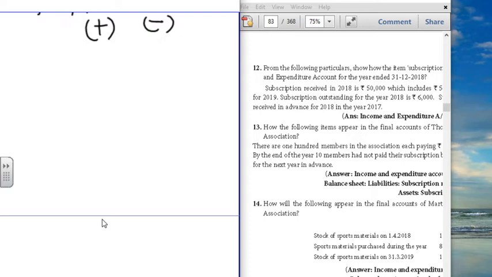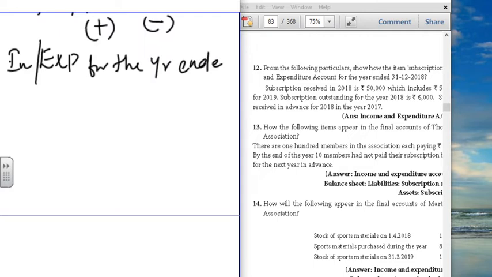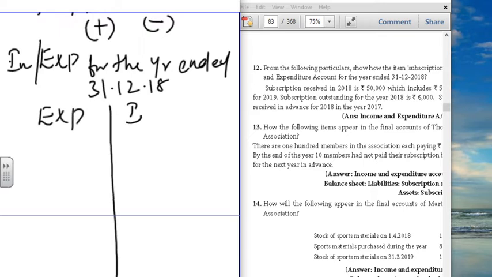So when you write it, you write it as a heading: income and expenditure account for the year ended 31/12/18. So this is the expenditure side, and this is the income side. Subscription will arise only on the income side.